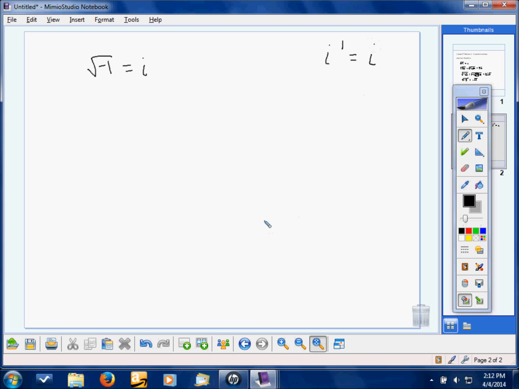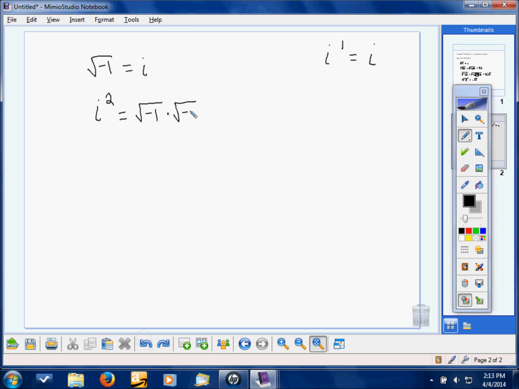Okay? I showed you where it came from. So that's kind of like our template. This is going to be a pattern that we follow in order to figure these things out. Now, if I had I squared, that would be the square root of -1 times the square root of -1, right?